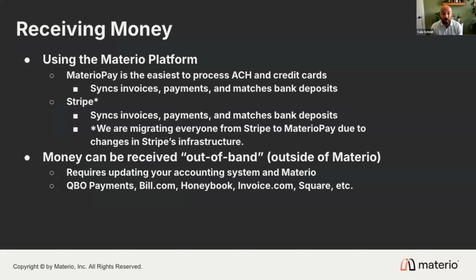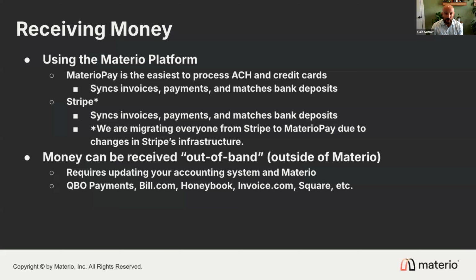We also support Stripe. One note on that, Stripe's making some changes, and we're going to be sunsetting support for that later this year. So we can still support that. It's just that it will have to be processed outside of Materio after October of this year. Lastly, you can process any type of payment processor outside of Materio.